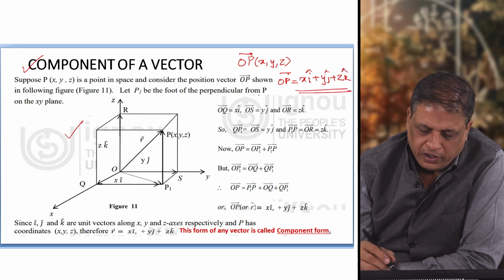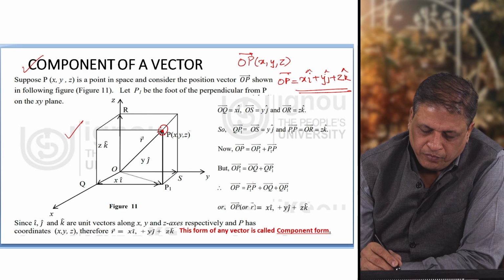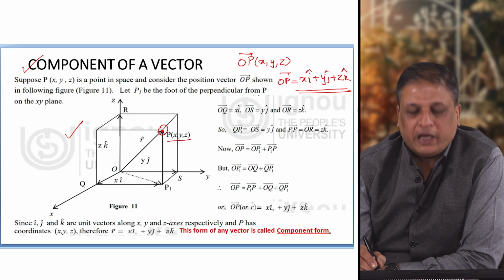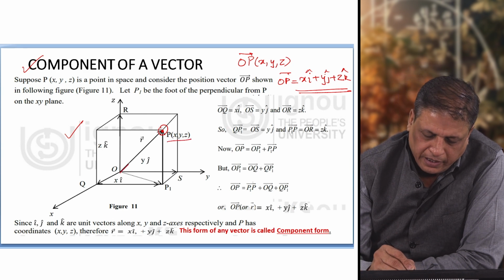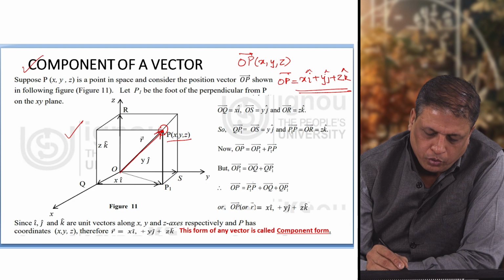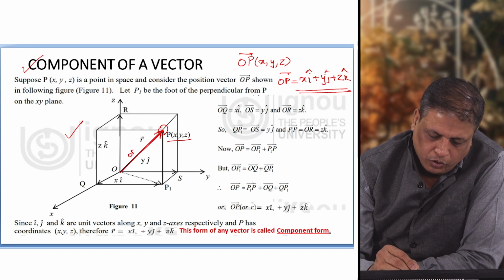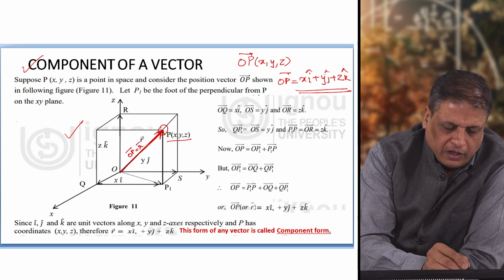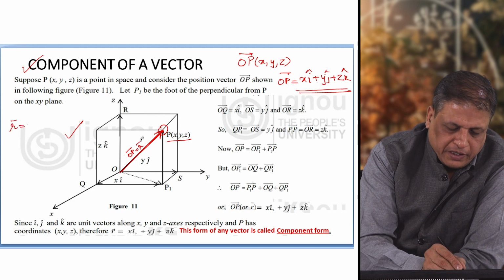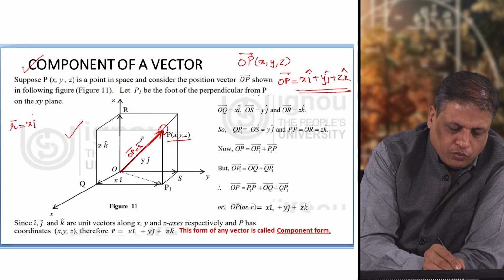So, just look at the figure. Say point P is there and the coordinates of point P are x, y, z. So, the vector connecting from origin is say vector r, and this vector is vector OP. So, this vector r can always be represented as xi plus yj plus zk.